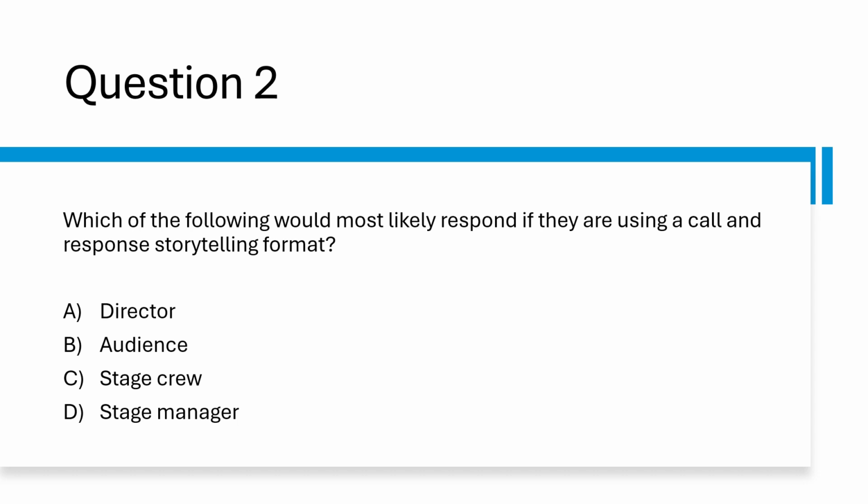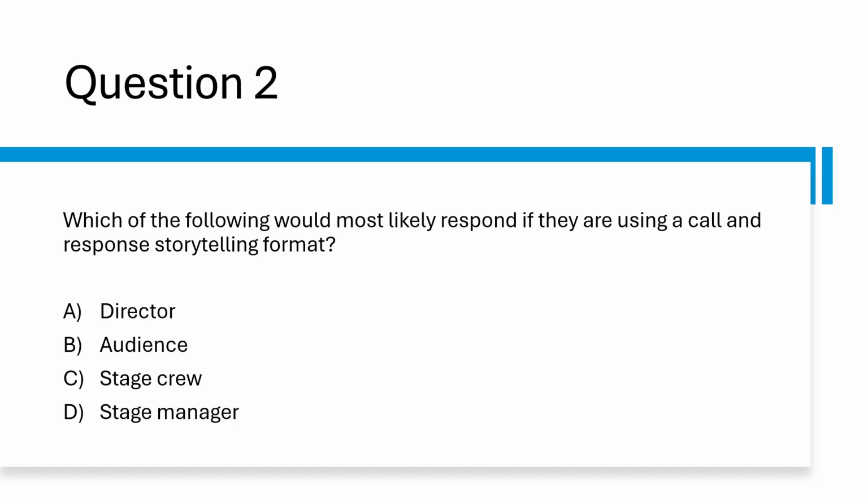If you're having a storytelling format, there is a teller who is actually telling the story, and the teller would do the call. And so the persons to whom the teller is telling the story are expected to respond, right? We know it's not the stage manager because the stage manager would be busy backstage, handling all the things going on around there, and so would the stage crew.